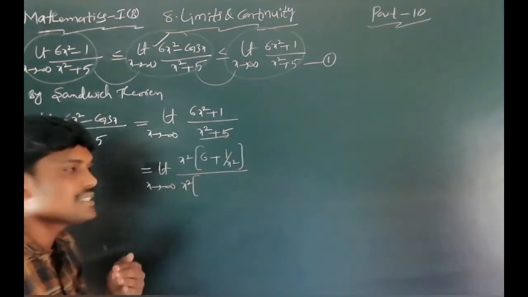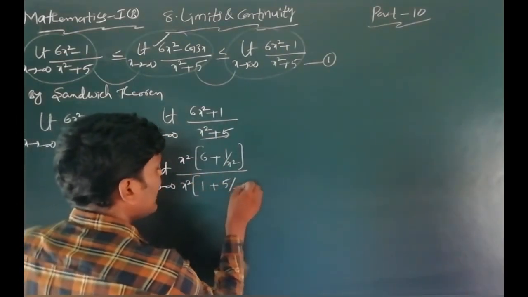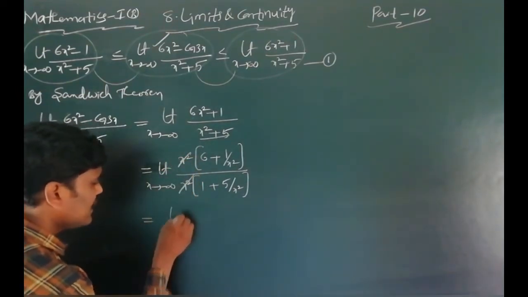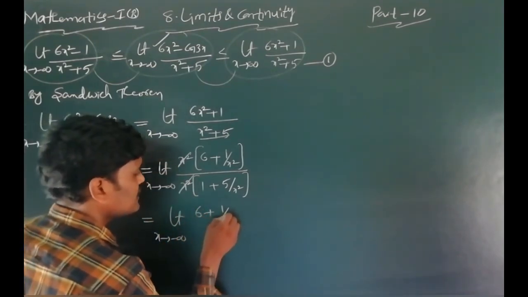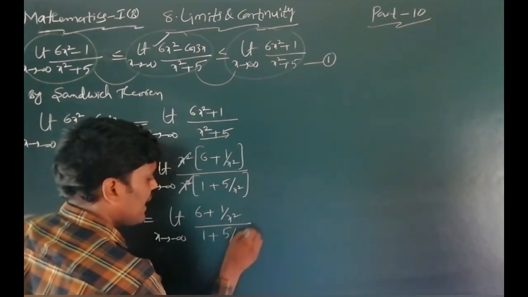You can take common x square: 1 plus 5 by x square. X square gets cancelled. Remaining: limit x tends to minus infinity of (6 plus 1 by x square) whole by (1 plus 5 by x square).